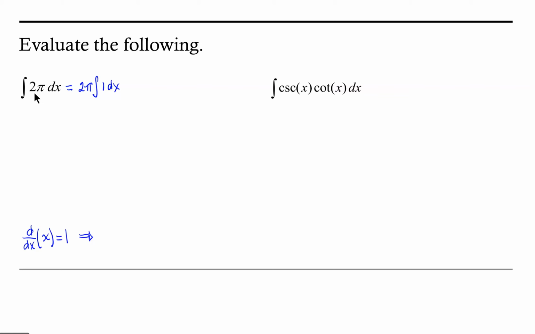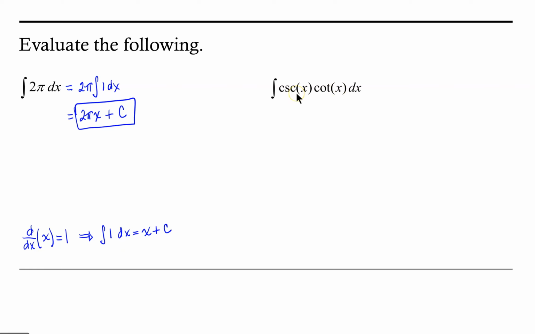So that means that the indefinite integral of 1 dx is going to be x plus our constant of integration. So this is going to be 2 pi times x plus our constant of integration.